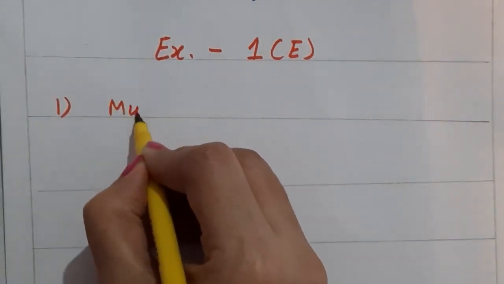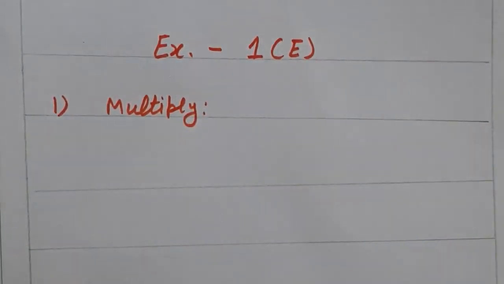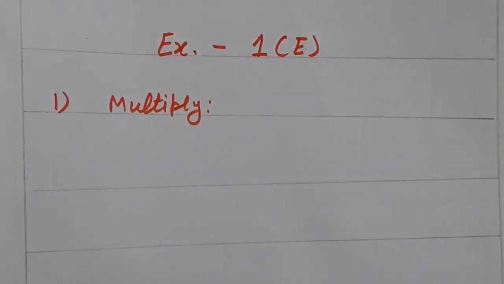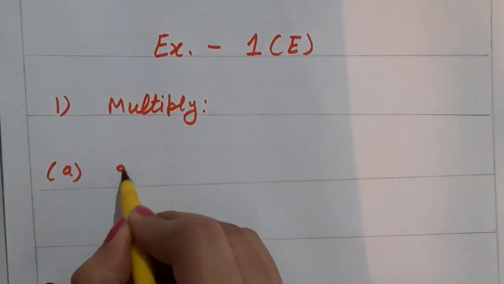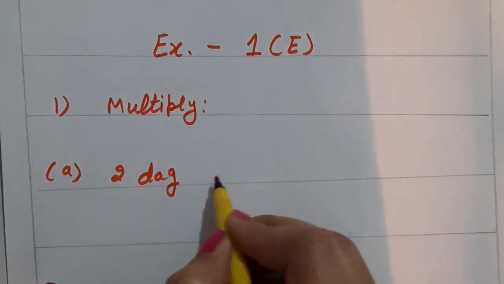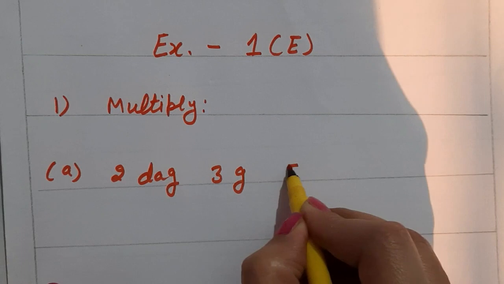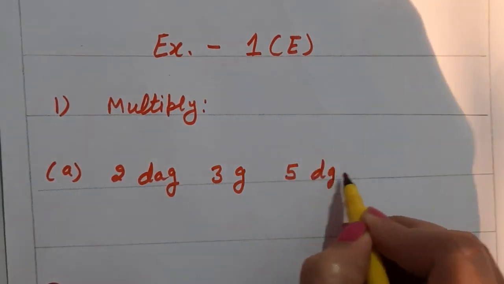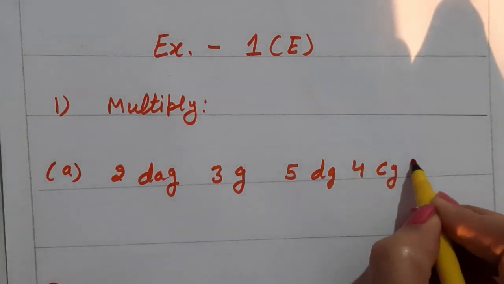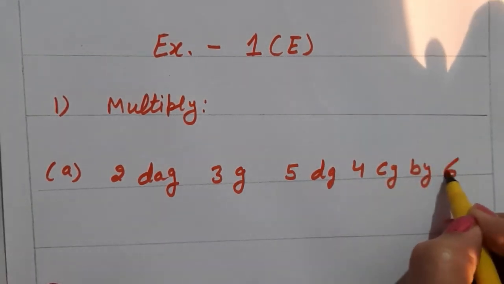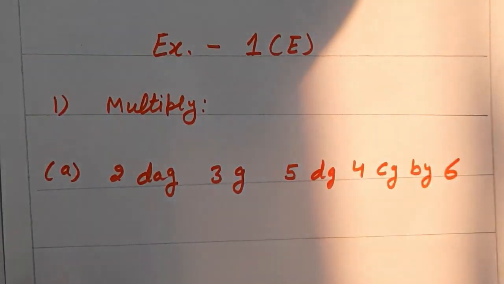So question 1 is multiply two decagram, 3 gram, 5 decigram and 4 centigram by 6. Okay, we have to multiply this.